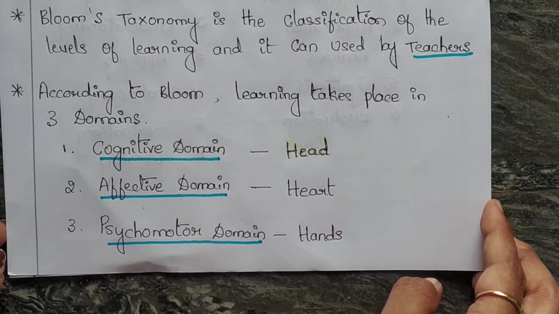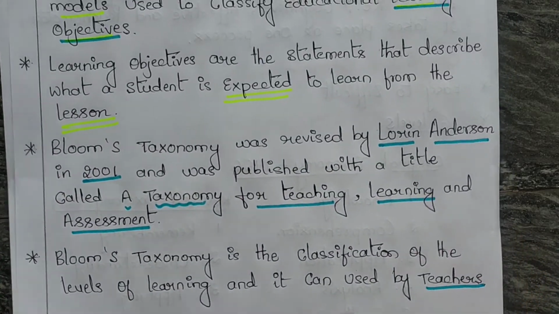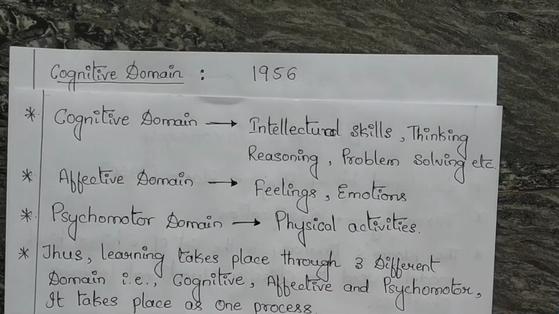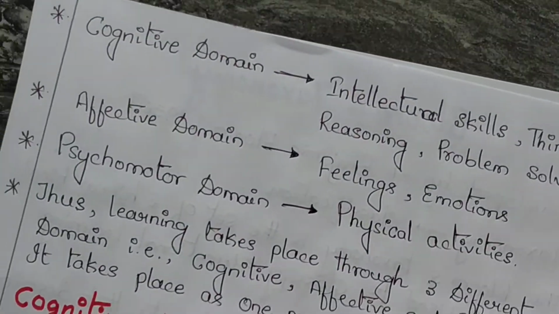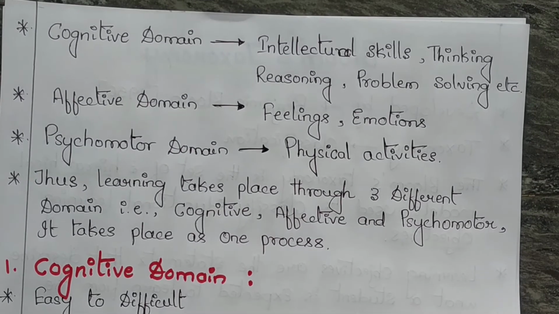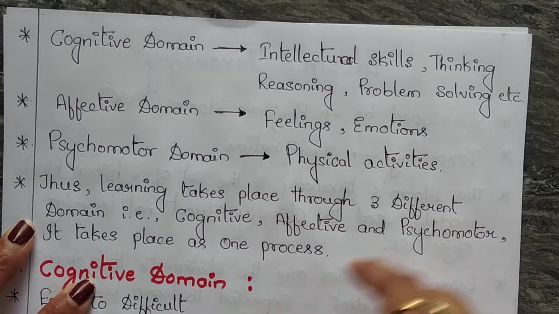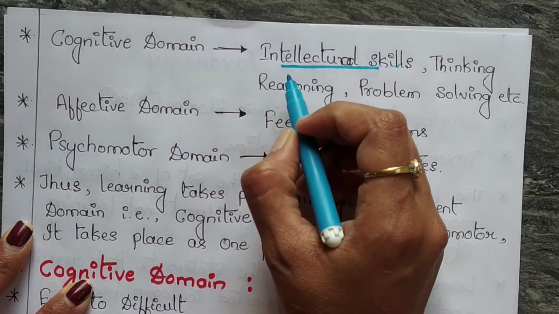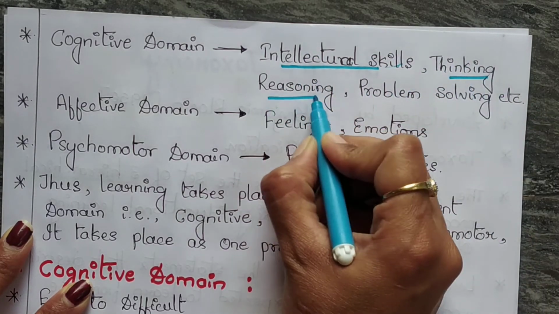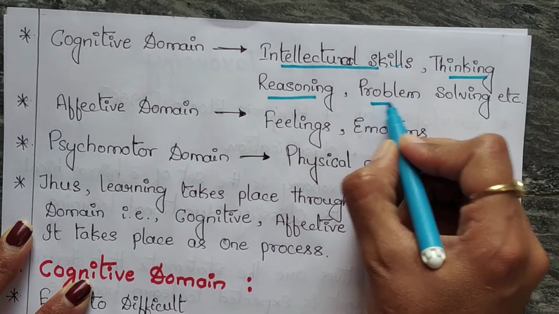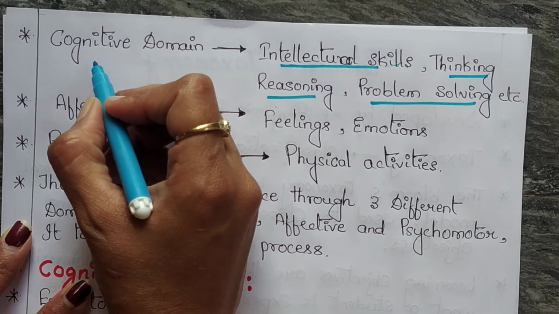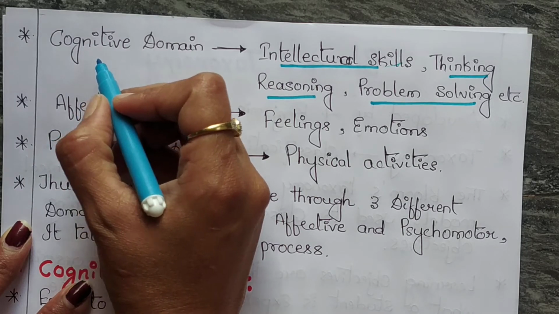Let's start with the first one, the cognitive domain. Cognitive domain is related to intellectual skills, thinking, reasoning, and problem solving. Cognitive means knowledge based.